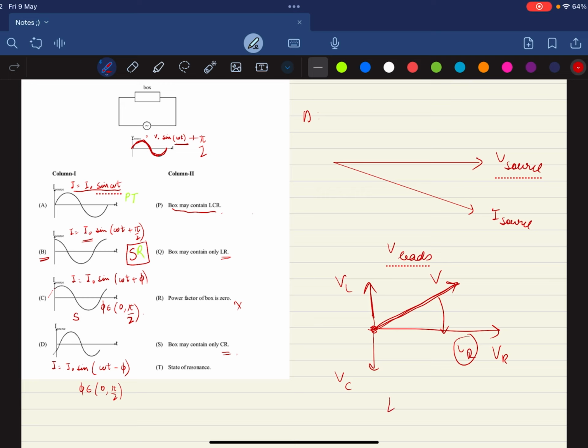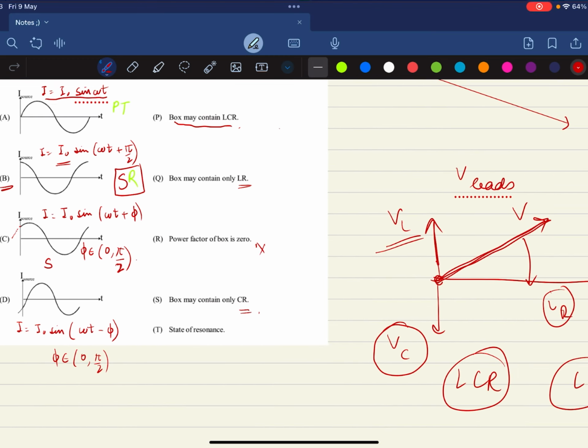So an LCR circuit is possible, but only when VL is more than VC. So LCR is still possible, but VL should be greater than VC. So the box may contain LCR or the box may contain only LR.